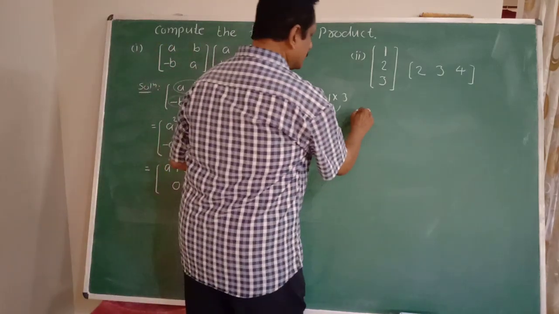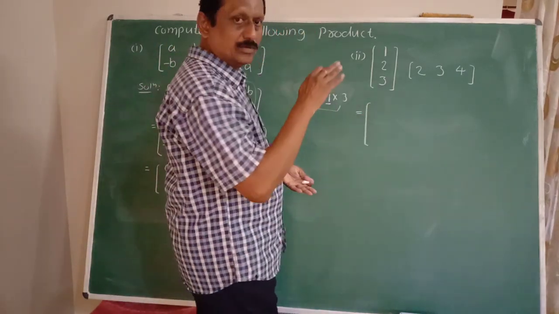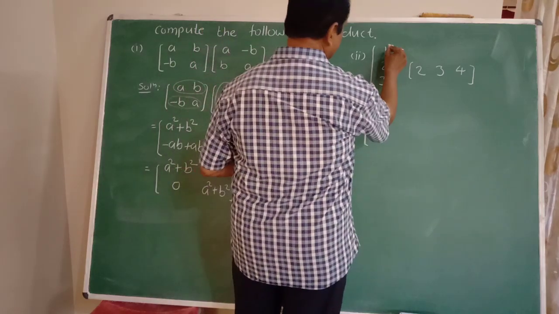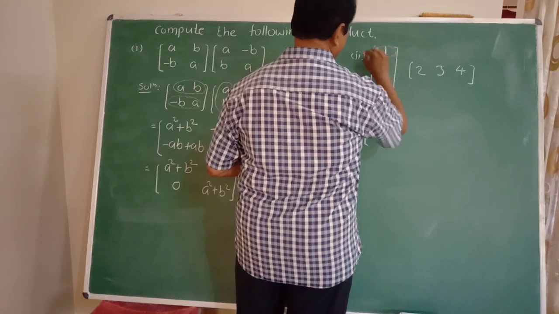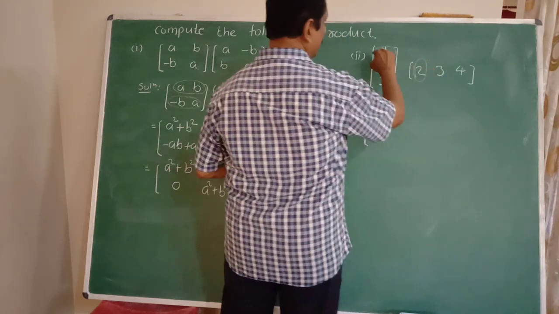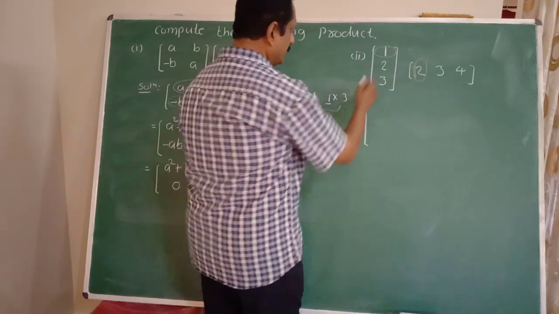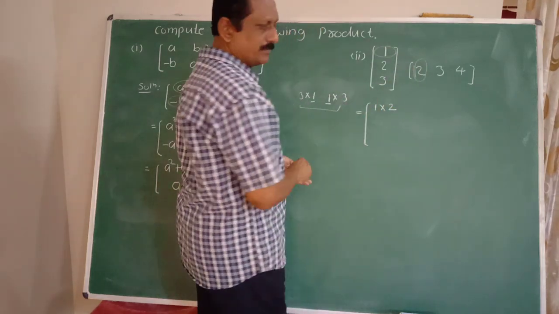Therefore, multiply row with the column. This is the first row. First row multiplied with the first column: 1 into 2.